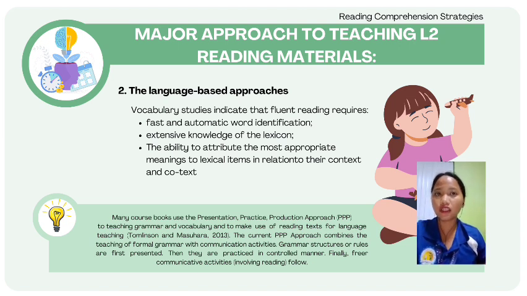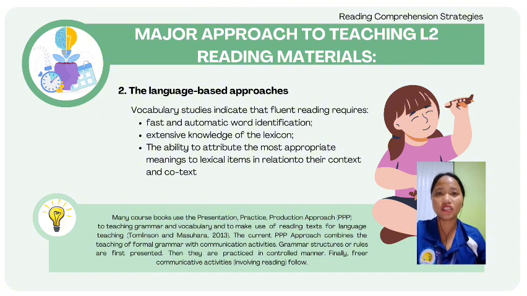Instead, they recognize words effortlessly, allowing their focus to remain on comprehension rather than on the mechanics of reading. This automaticity develops through repeated exposure to words in different contexts, reinforcing both their form and meaning.